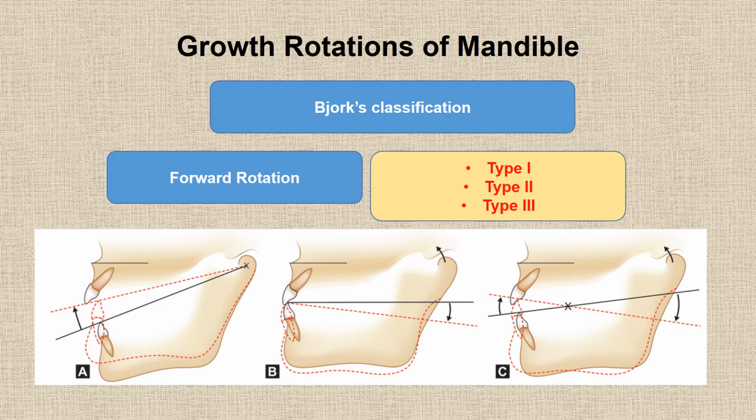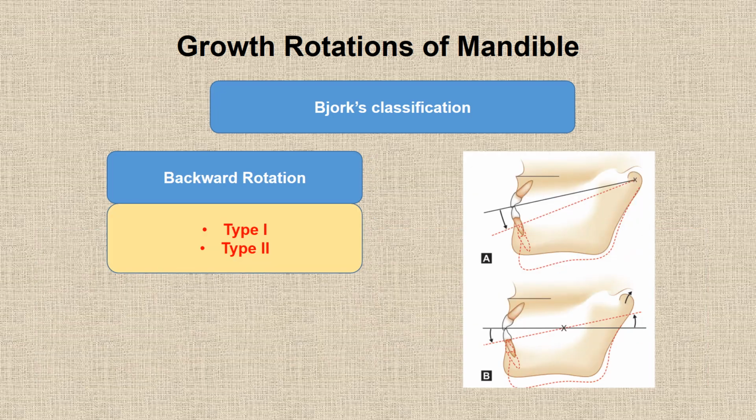In type 2, the fulcrum of rotation is on the incisal cortex. And in type 3, the fulcrum is on the premolar tooth. Now, backward rotation has two types: type 1, with the fulcrum of rotation in the condyle, and type 2, the fulcrum of rotation in the premolars.